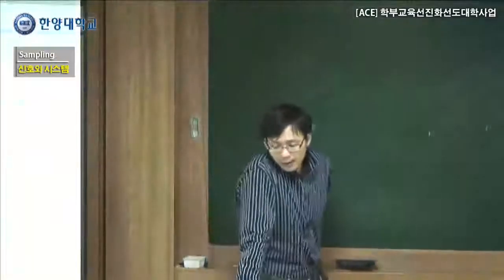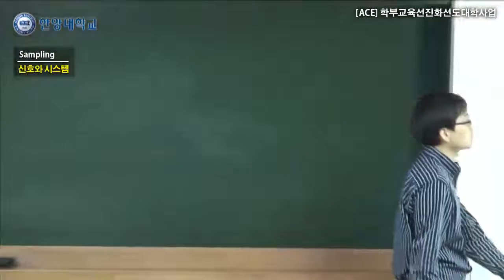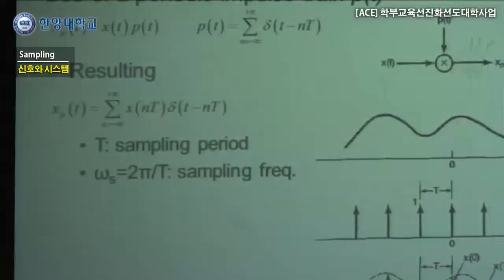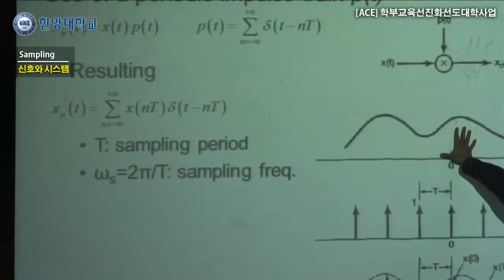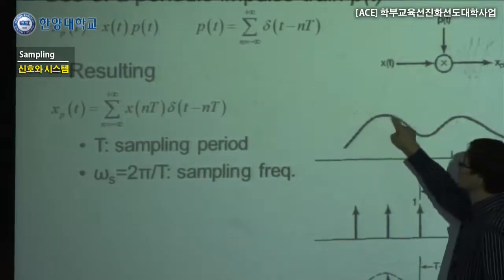So let's think about how we can build a discrete time signal. Let's say that this is our continuous time signal, and how can we pick values at certain times?